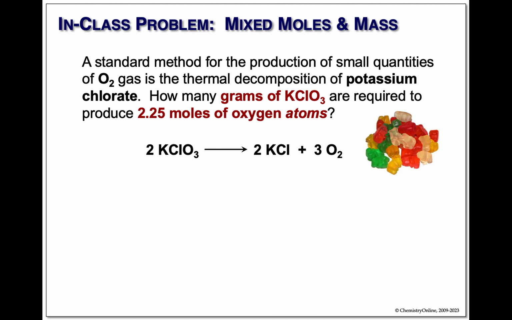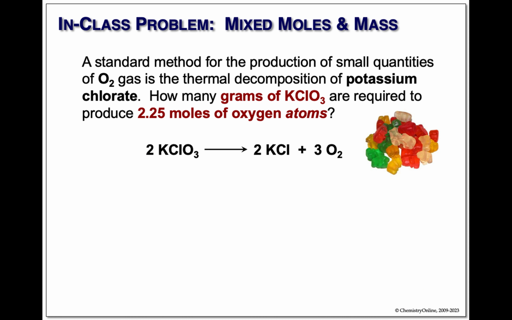Potassium chlorate gives KCl and oxygen. It's our gummy bear reaction, remember? We're looking for how many grams of potassium chlorate we need to get 2.25 moles of oxygen atoms, not molecules, atoms.